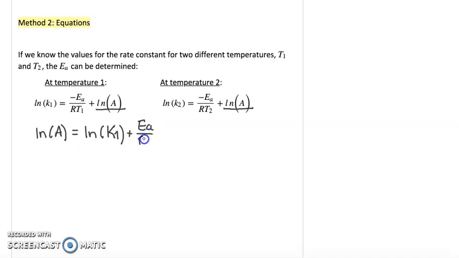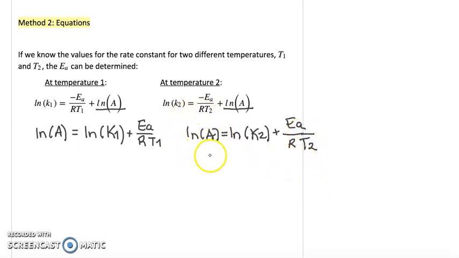Activation energy, gas constant, and temperature 1. It's exactly the same for this reaction, just with number 2 instead of number 1. We can write that equation too. So we have ln A equals ln K2 plus activation energy, gas constant, and temperature 2.